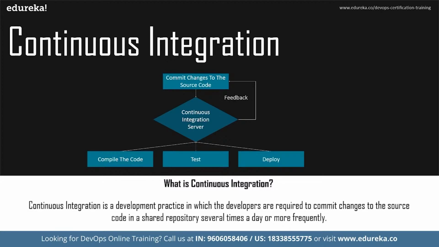Every commit made to the repository is then built. Now, this allows the teams to detect the problems early and reduce their issues, which we discussed earlier. This entire process has continuous feedback, which also reduces the release time of each version of the application.